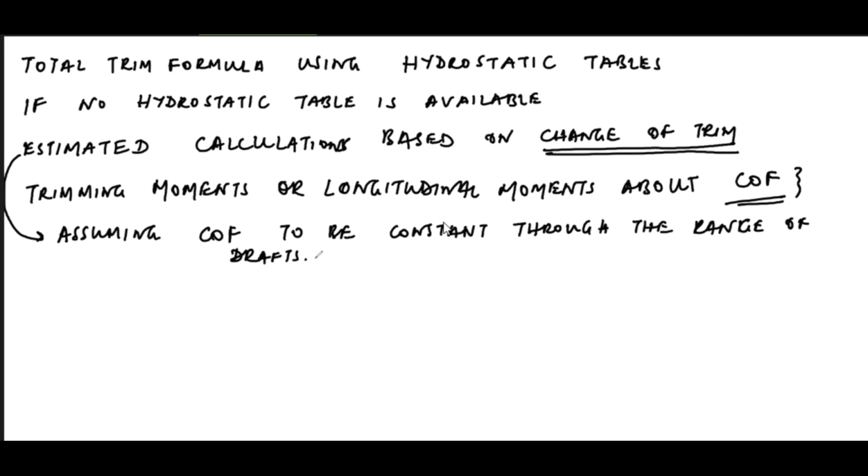But let us say we want to do some quick calculations. Either I'm not having the hydrostatic tables right at hand, or for whatever reasons, I just want to do a quick calculation. I can use this method. And this is roughly okay. It's not for calculating the final values or commercial values.